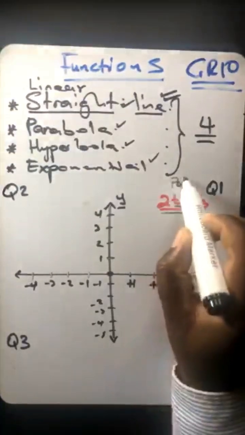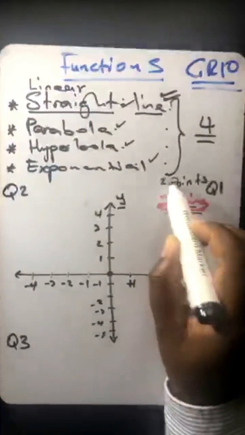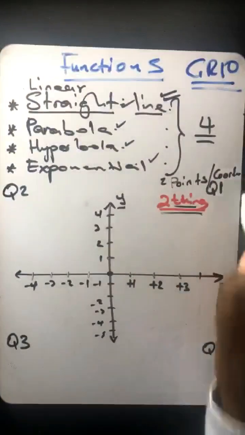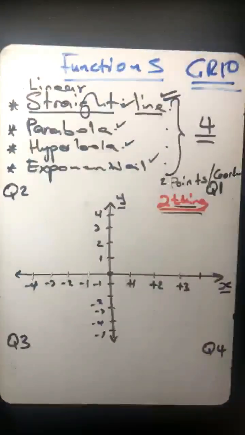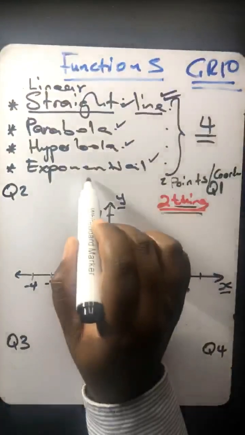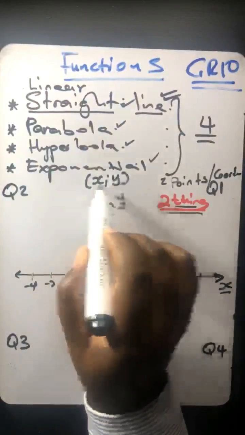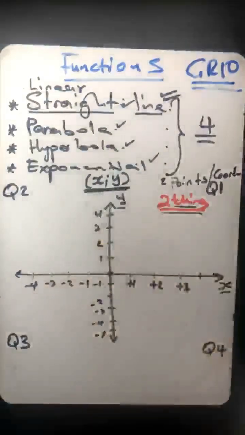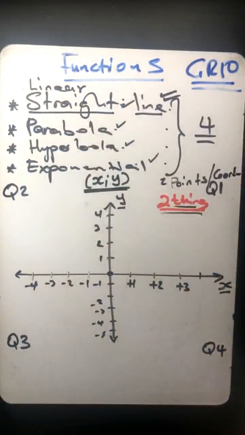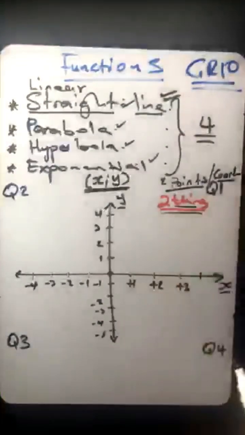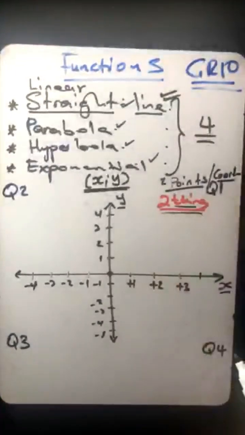So if you're making some notes, you can say we need 2 points or 2 coordinates. What are the coordinates, Bantu Bakiti? The coordinates are in this format of X and Y. The moment you start seeing that, just know you are dealing with the coordinates. So you need 2 points or 2 coordinates in order to draw a straight line.